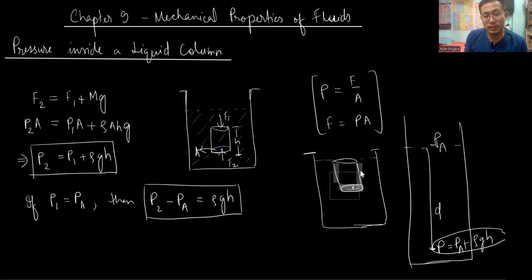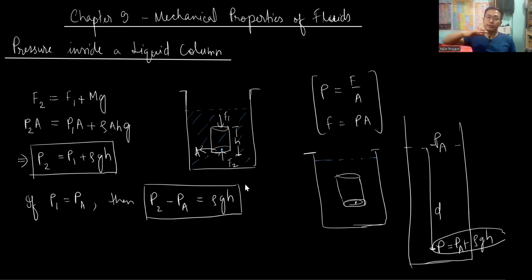So P2 is equal to pa plus rho gh. Take a swimming pool or pond: when you go deeper, the pressure changes.